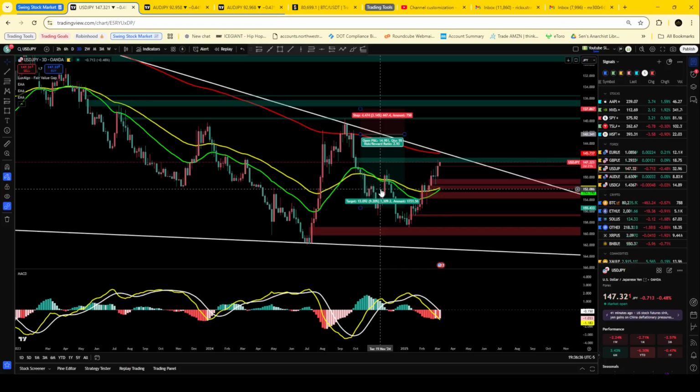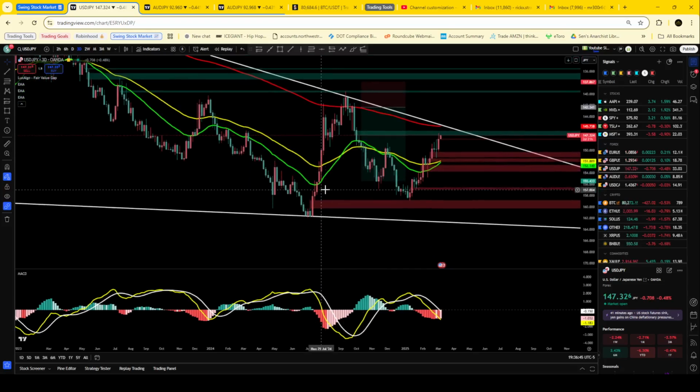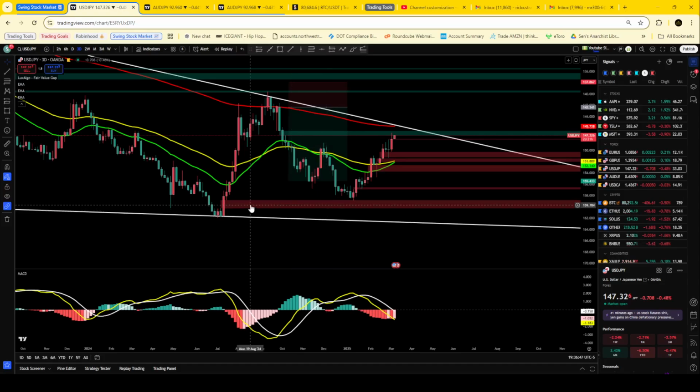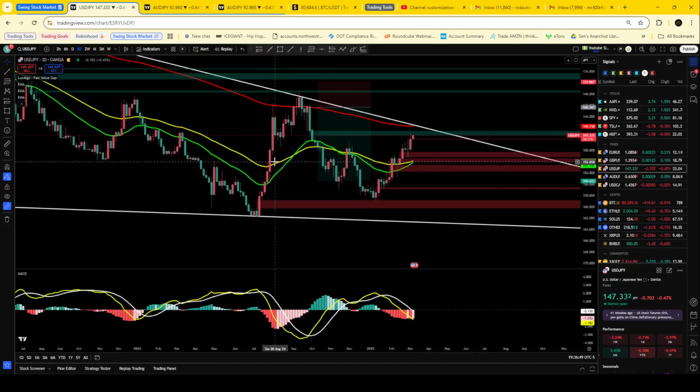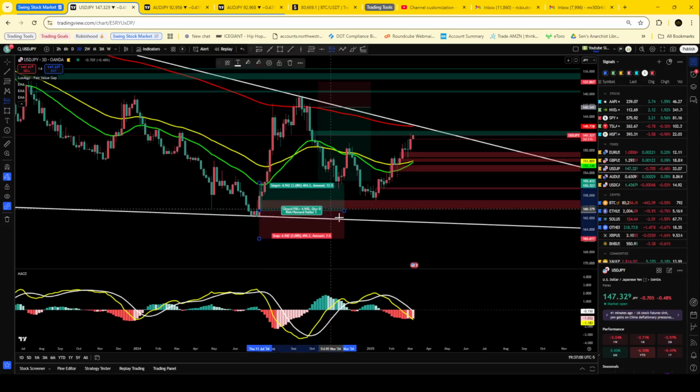I could never short because I couldn't see it, if that makes sense. So now I just treat it as a long. Look how clean that move would have been.